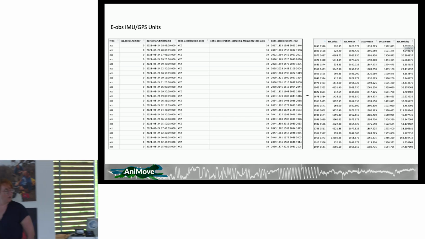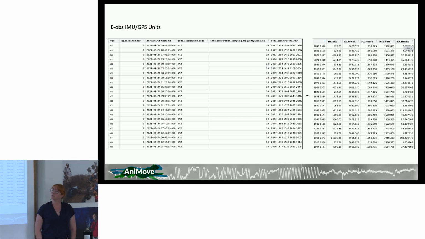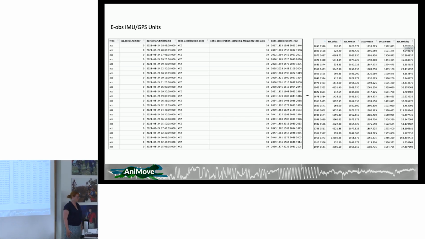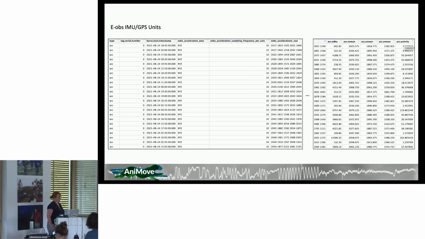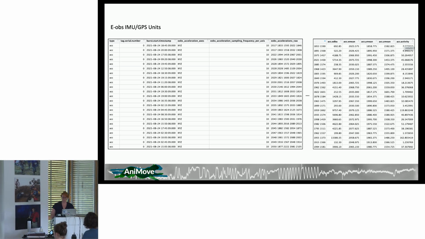But also, as a word of warning, if you compare the sampling frequency and the number of measurements that you get, sometimes it doesn't work. Sometimes you have fewer measurements than the frequency suggests. Sometimes you have one more. It all depends on how long it takes to get the GPS fix and then to initiate the turn on of the accelerometer.